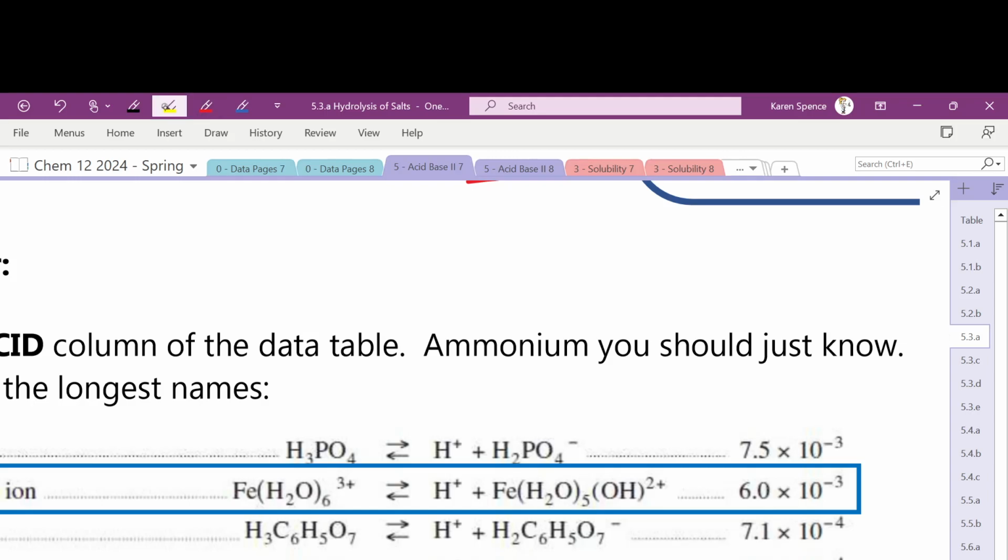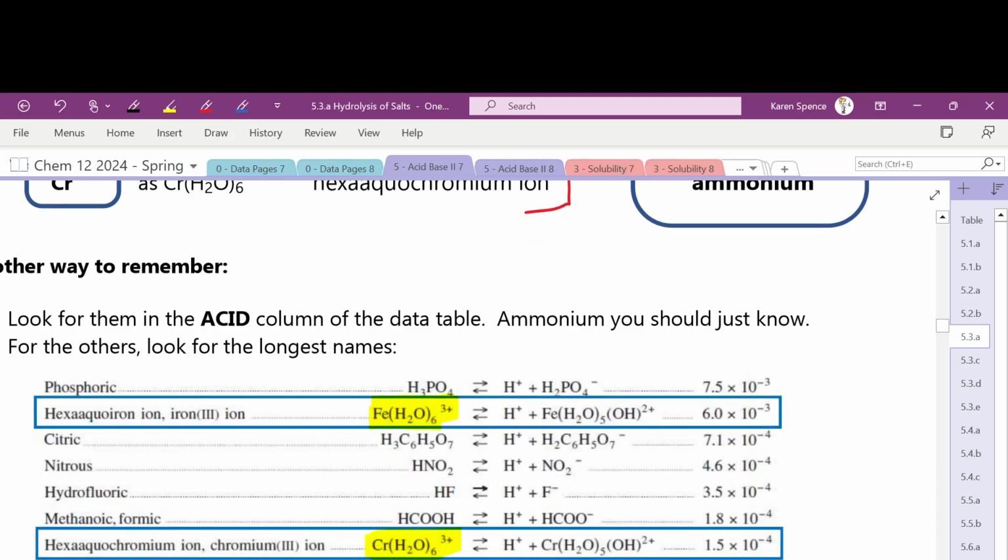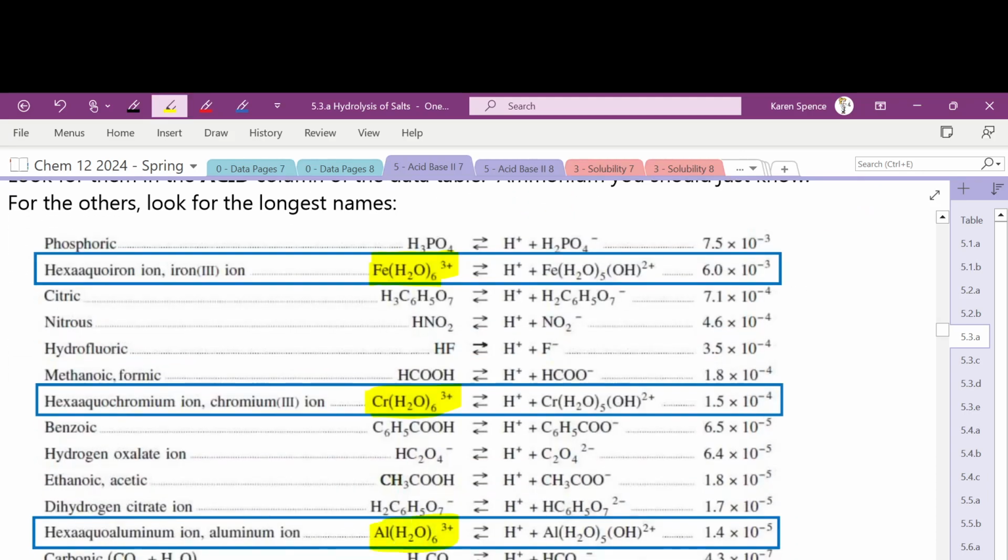It shows you Fe hanging on to 6 waters with a 3+ charge. It shows you chromium hanging on to 6 waters with a 3+ charge, and aluminum hanging on to 6 waters with a 3+ charge.